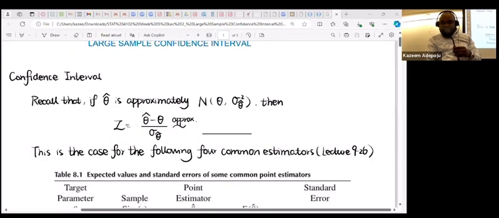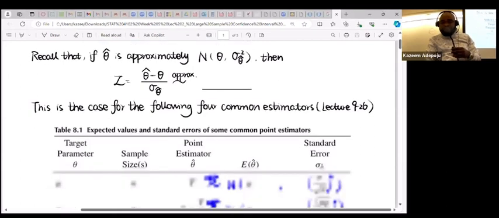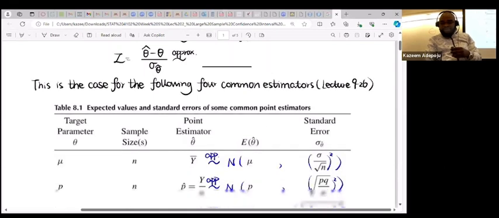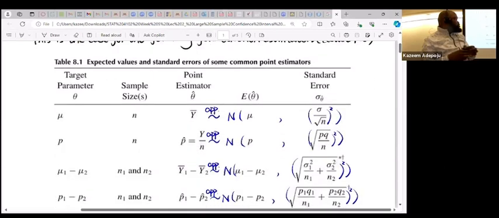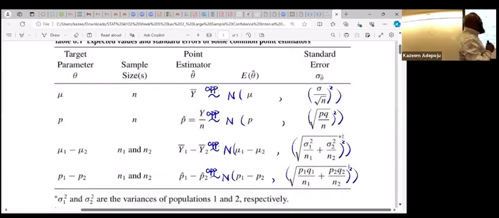The implication is going to resurface when we consider some common estimators that I showed you the other time. I walked you through some common estimators that we use in statistics, where this is our target parameter.